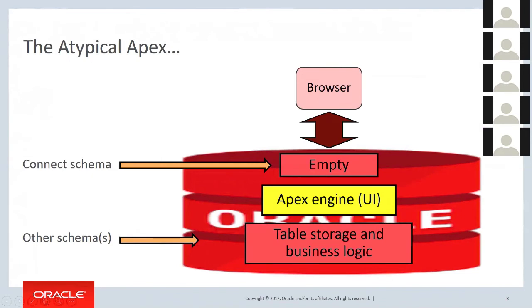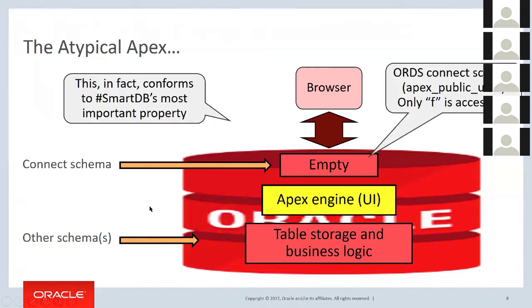And I know there are people out there with Apex trying to consider doing SmartDB, etc. The thing about Apex is, well, it's not outside the database, right? It sits inside the database. You have this Apex engine inside the database. And I've specifically positioned it here underneath an empty schema.